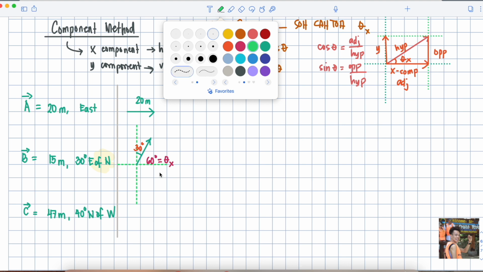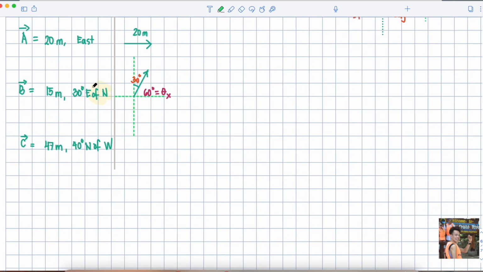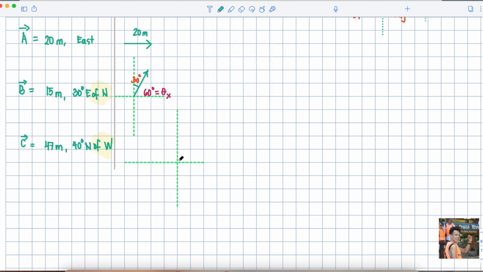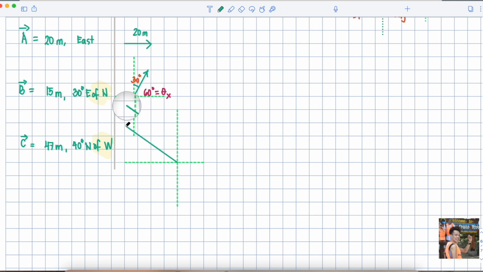It's a displacement vector with a magnitude of 47 meters and the direction 40 degrees north of west. So starting from the west direction, we draw the arrow that is tilted 40 degrees going to the north direction. This now is our theta x, and our theta x is 40 degrees.